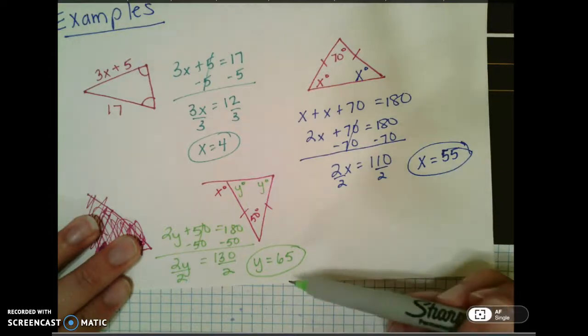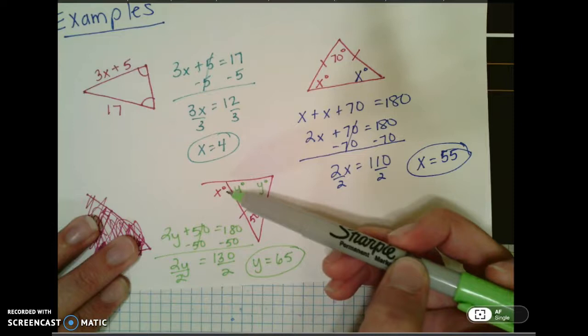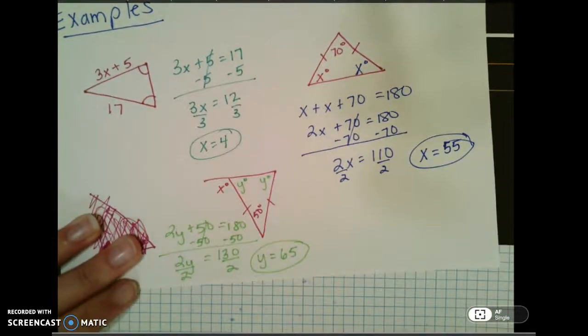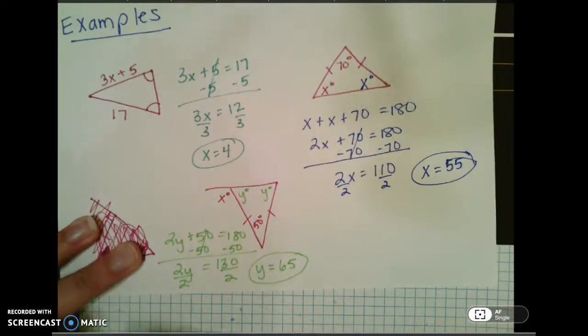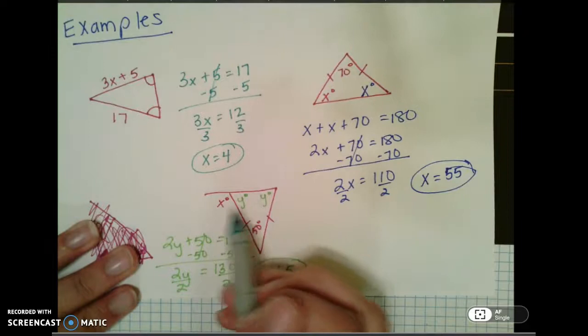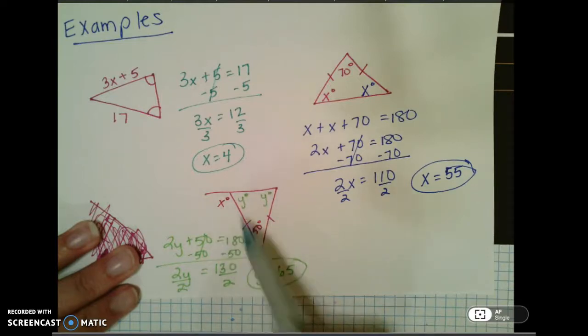Now, that's great that y is 65, but that's not what it was originally asking for. Originally it was asking for x. So, to get x, if you look right here, x and y are supplementary angles. Supplementary meaning they form a straight line. So since these angles form a straight line, that means they equal 180.